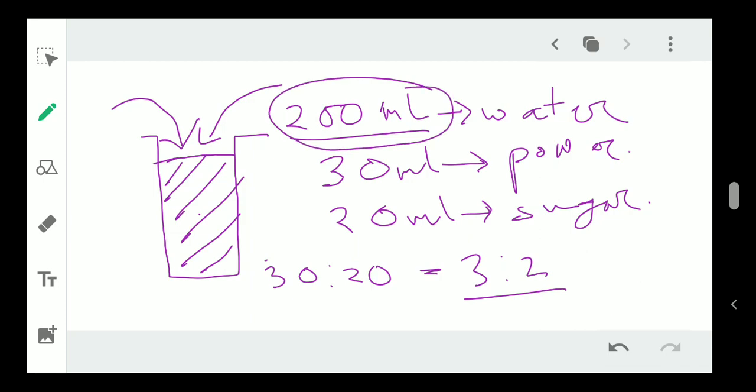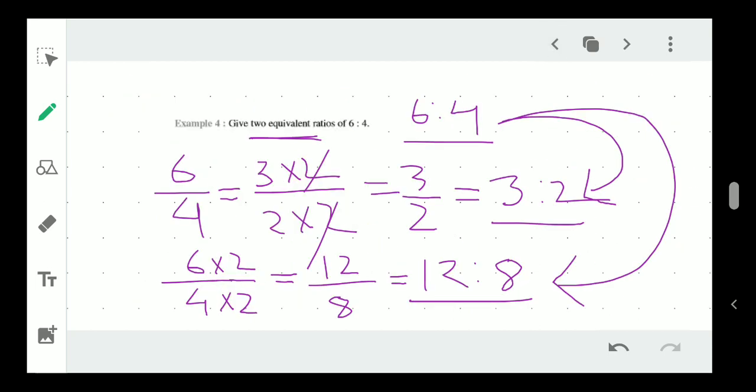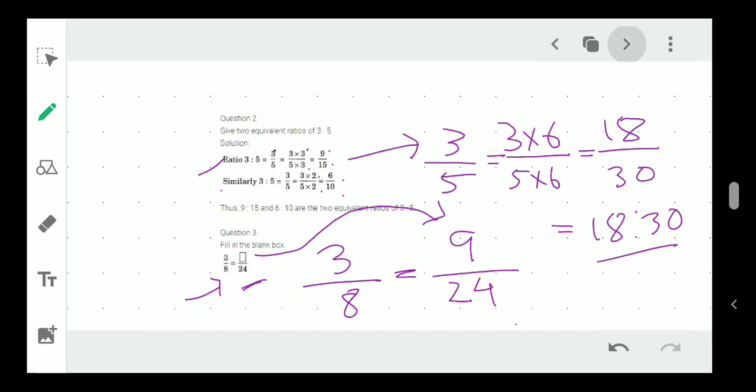So we have to mix them in a 3:2 ratio when we are adding 200 ml of water. We can do one more thing: we can add this water also here. So in the last case, which we will study in our next class, that is how to take care of three objects. Like here we have water. Till now we have compared two objects, right?